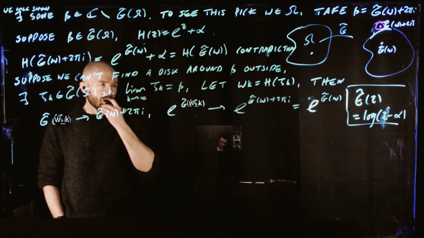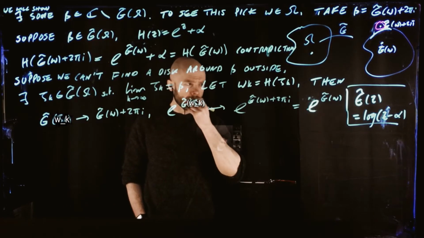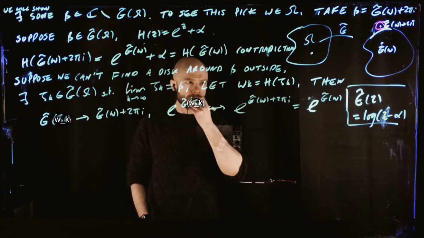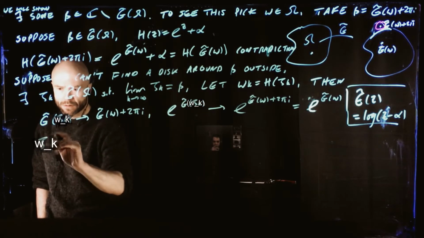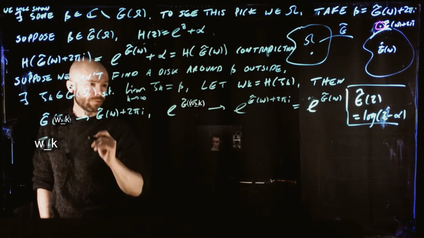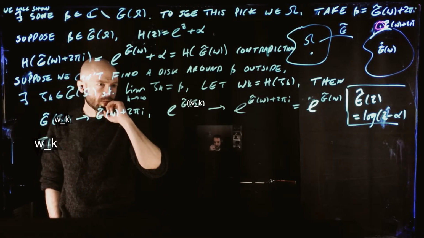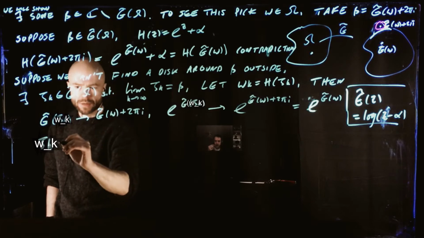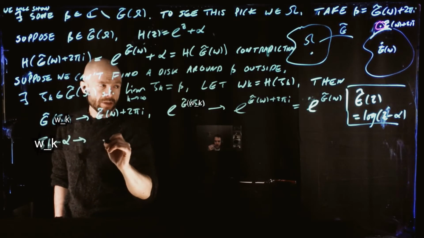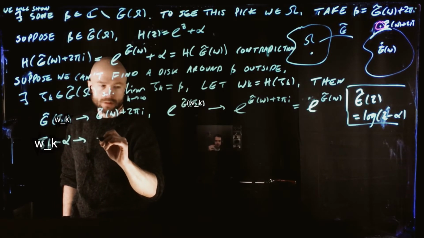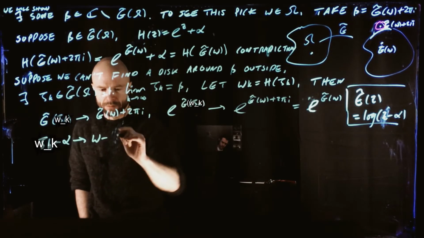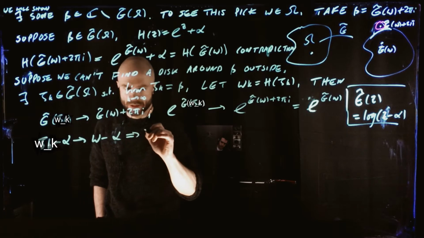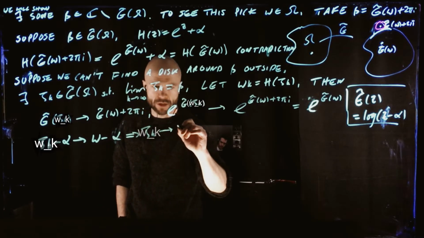So once we have this, what is that telling us? That is telling us that zeta k minus alpha is tending to w minus alpha, which implies that zeta k is tending to w.